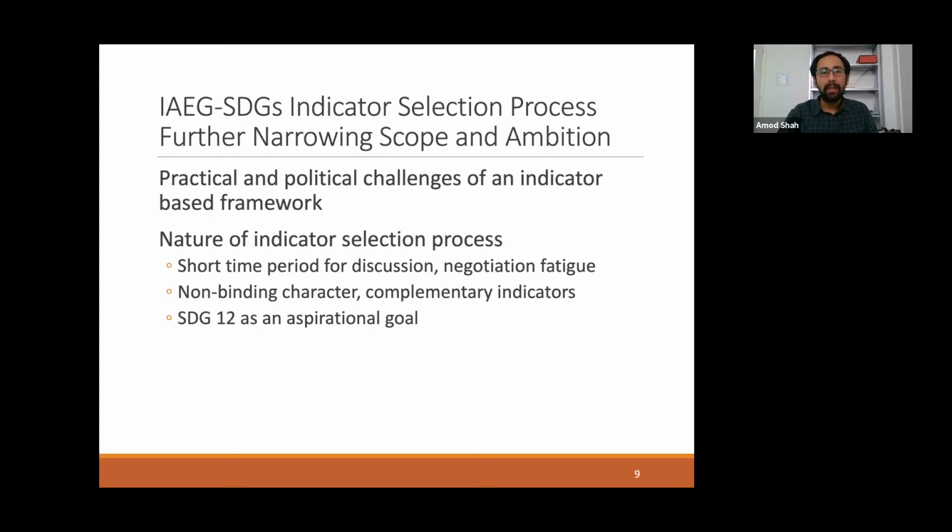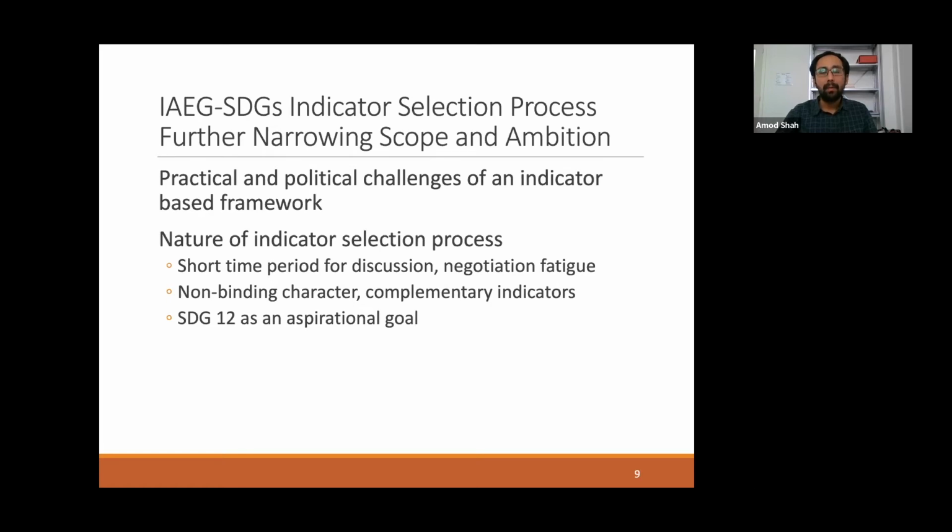But there are also political sensitivities to how indicators are chosen and reported. If you look at the example of target 12.2, which is sustainable management and efficient use of natural resources, initially the indicator selected was something called material footprint, which basically measures the total impact that your resource use has as a country.